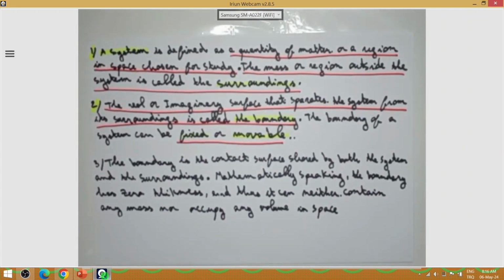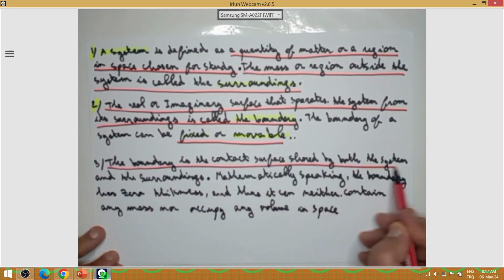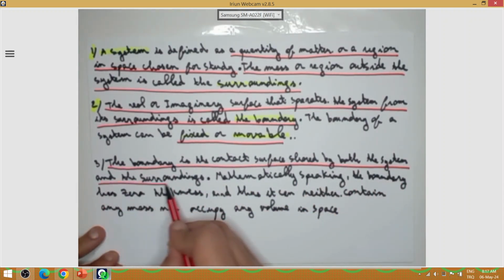So this is what is said about the boundary. We just said that the boundary is the contact surface shared by both the system and the surroundings.